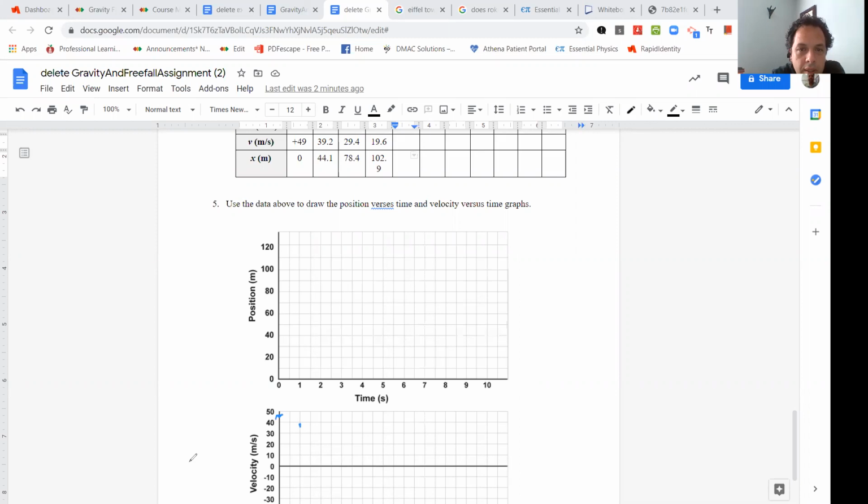Next one is 29.4, I'm sorry. That's close to 30. And then the last one I have is 19.6. That's close to 20. And so you can see a trend that way. Yeah. So that's how you graph these.